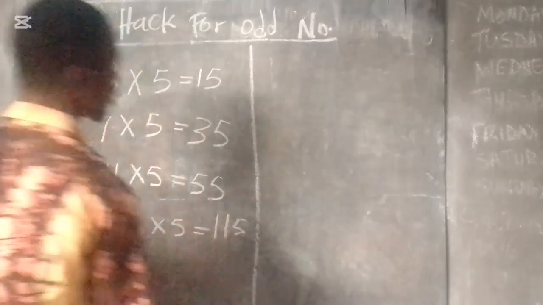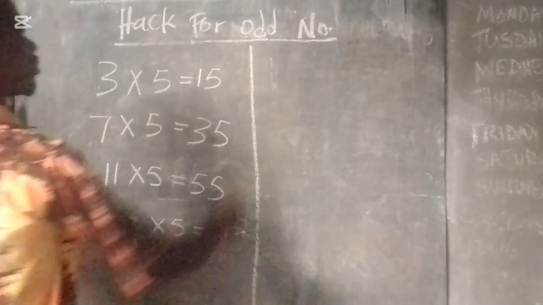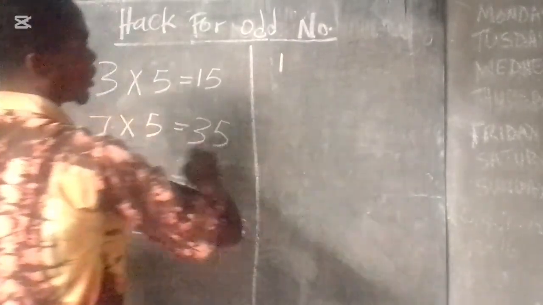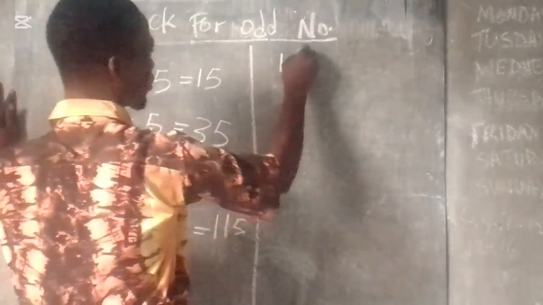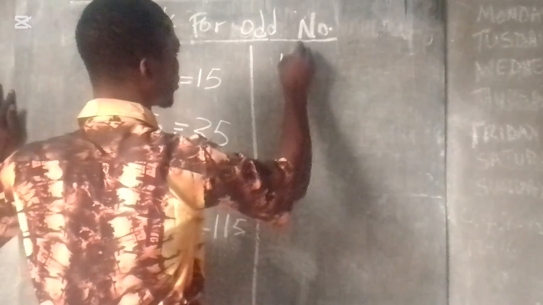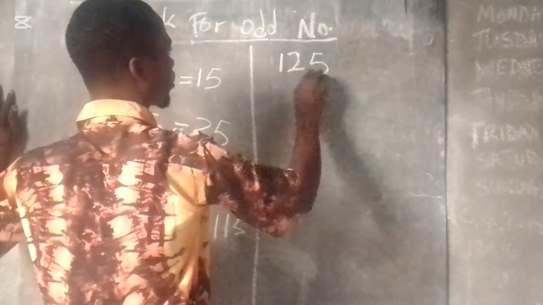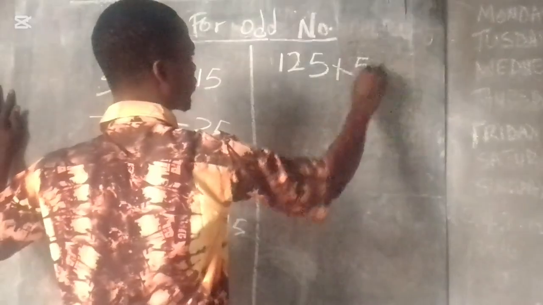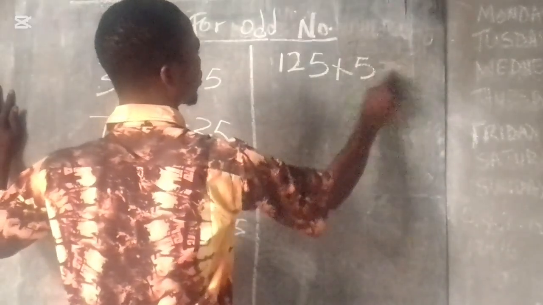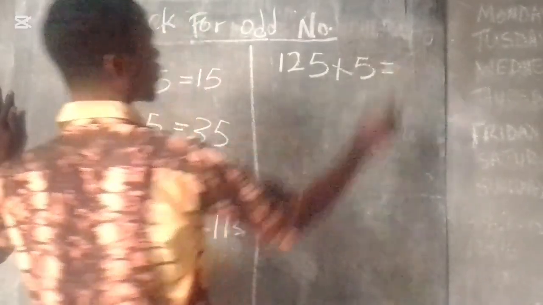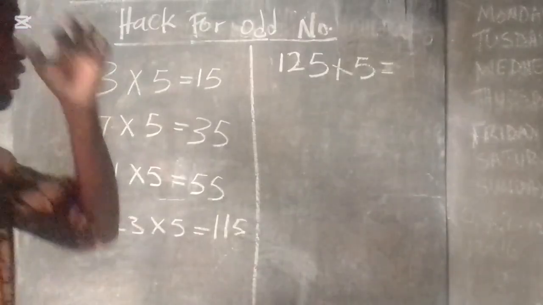Let's check a bigger number like 125 times 5.